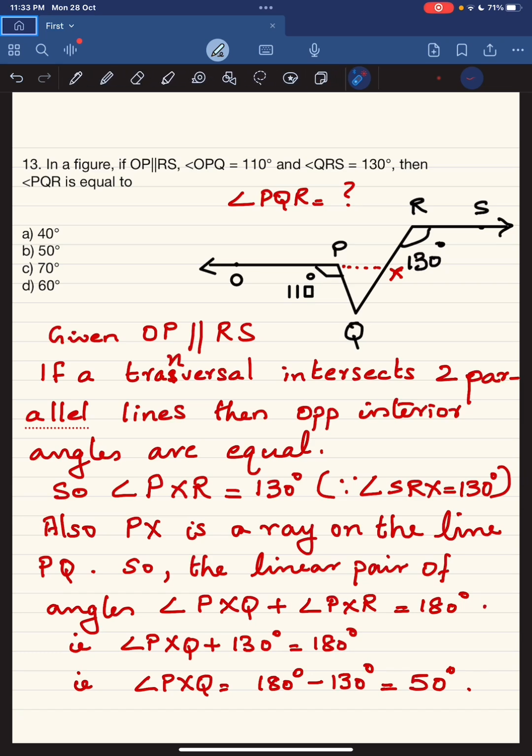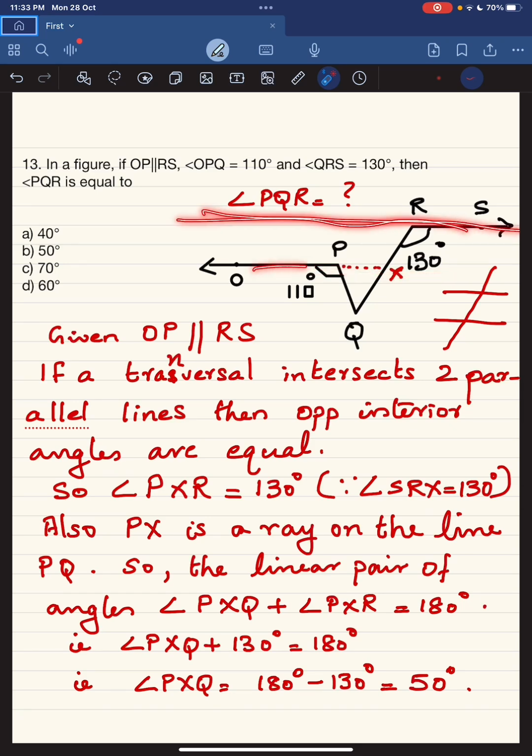If there are two parallel lines and a transversal cuts the two parallel lines, we studied many theorems related to that. What are they? One is that if a transversal intersects two parallel lines, this is two parallel lines, this will extend like this. So if a transversal intersects two parallel lines, then opposite interior angles are equal.